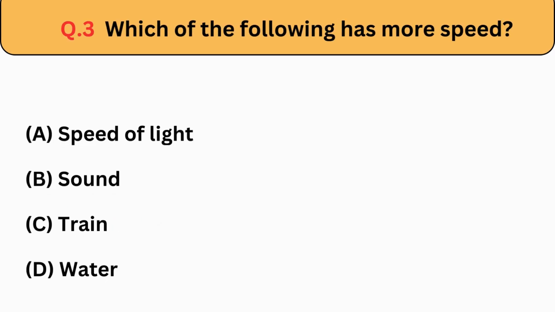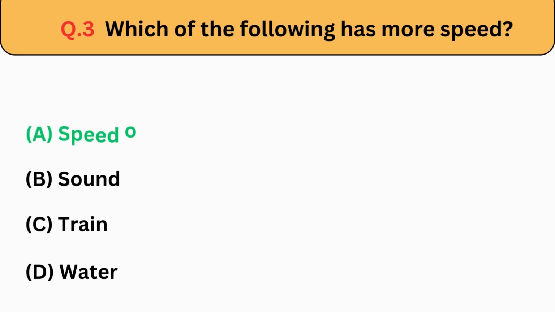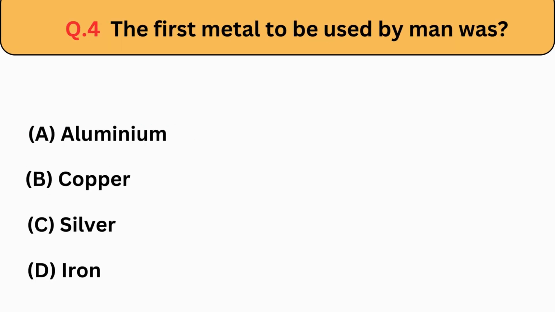Which of the following has more speed? Option A, speed of light. The first metal to be used by man was.